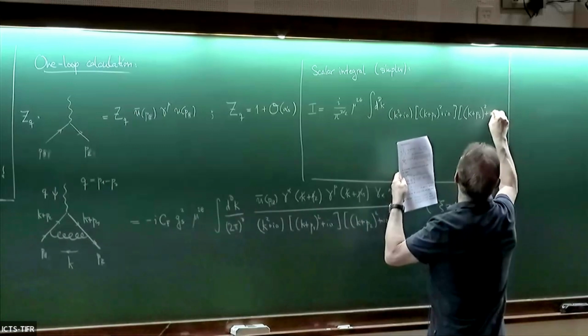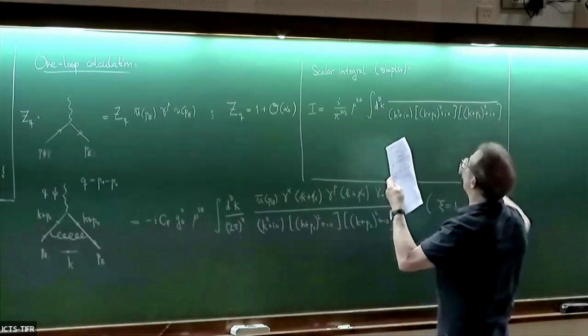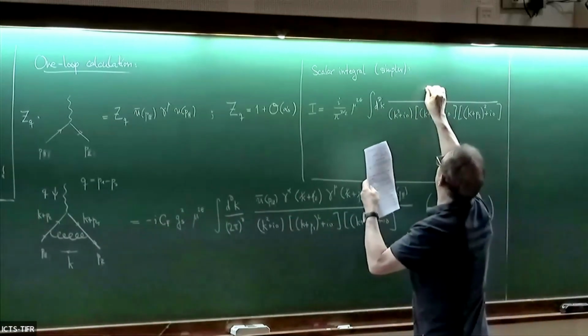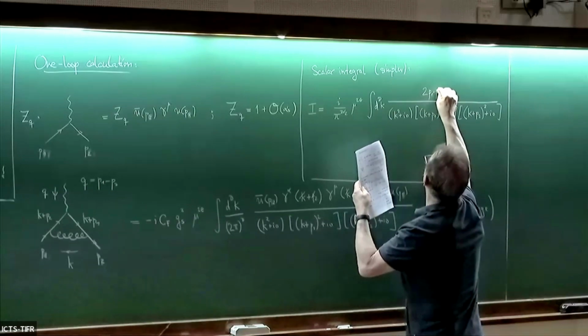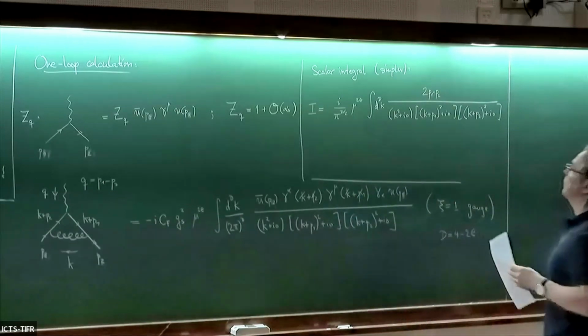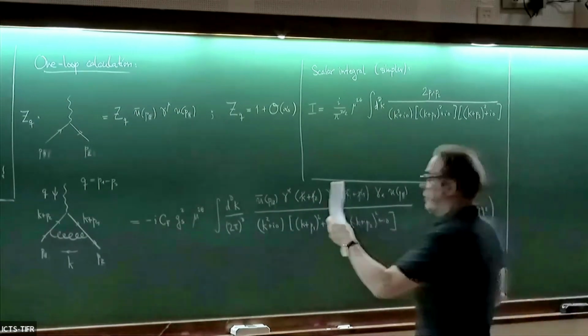So the denominators are exactly the same as in the true integral, but instead of writing the complicated numerator, I will simply write something to make it dimensionless, 2 p1 dot p2, and this is a dimensionless integral. This integral is not ultraviolet divergent.